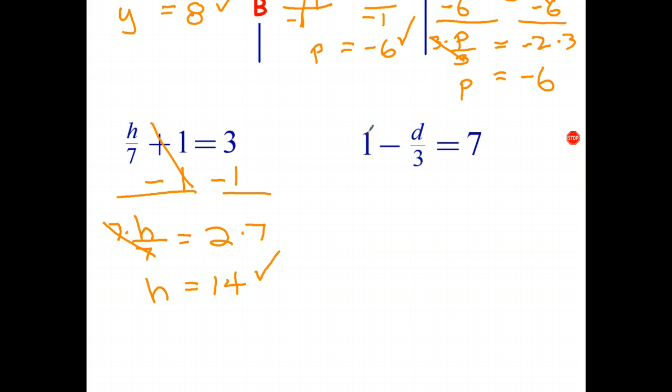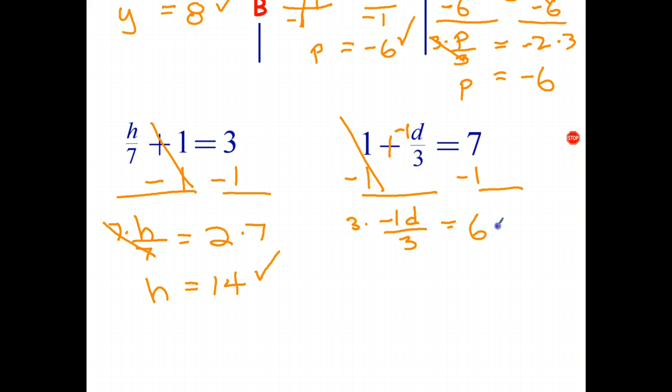On the right-hand side, slightly more complicated. I think I'll do this one using my plus negative method. So I'm going to change subtract to add the negative. And I'm also going to put a 1 in front of the unknown. Because I've got a plus there, I can take away the 1 from both sides. 1 minus 1 goes to 0. That leaves negative 1d over 3 equals 6.